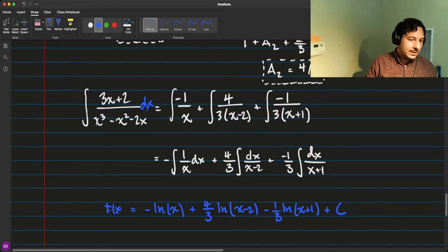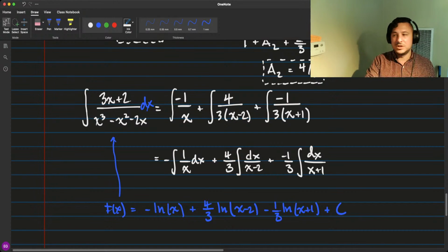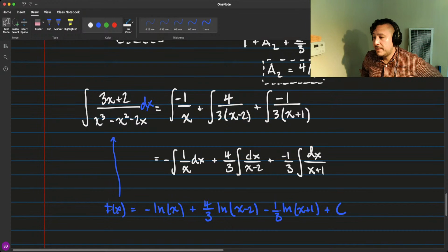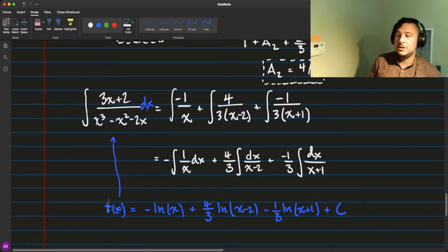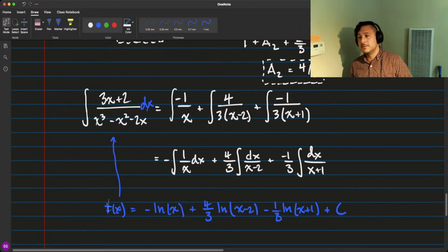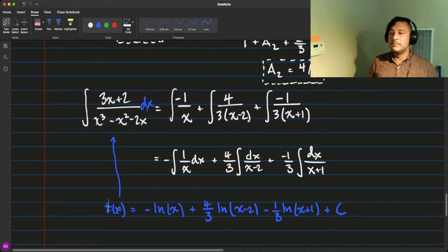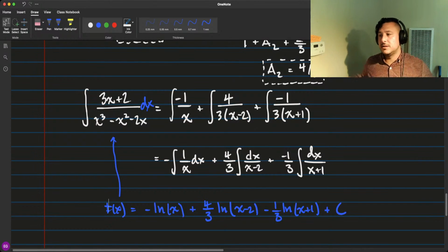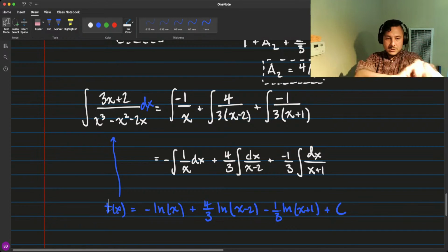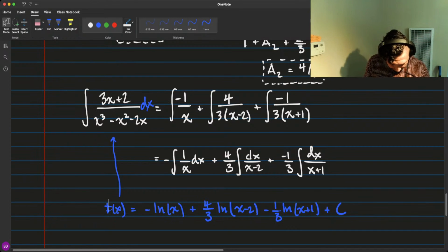This is the antiderivative of the original problem. What made it possible? U substitution. What made u substitution possible? Well, the fact that we're able to decompose the original fraction, the partial fraction decomposition. Woo!